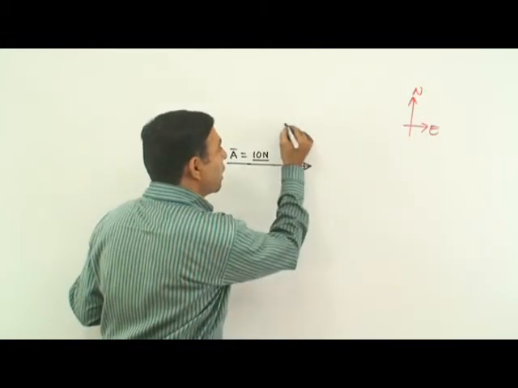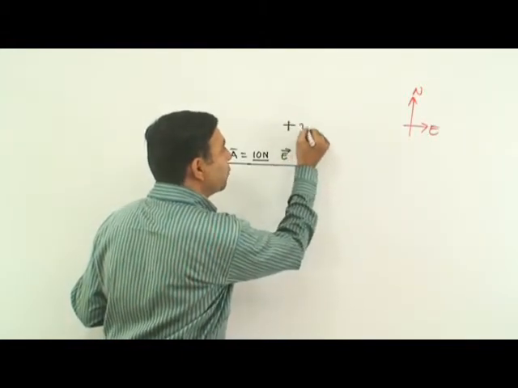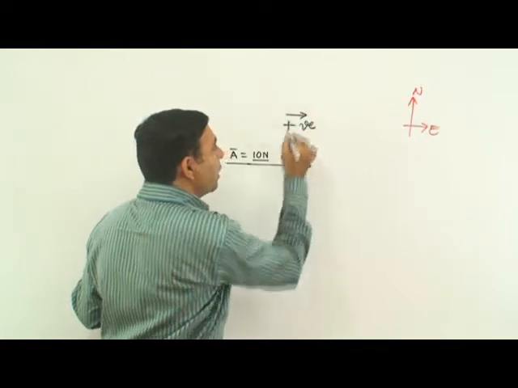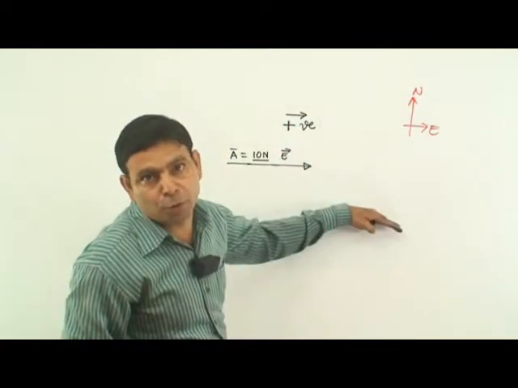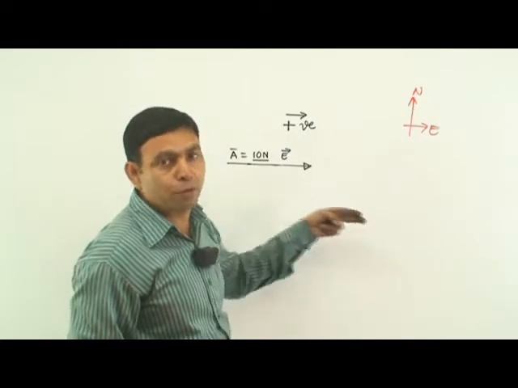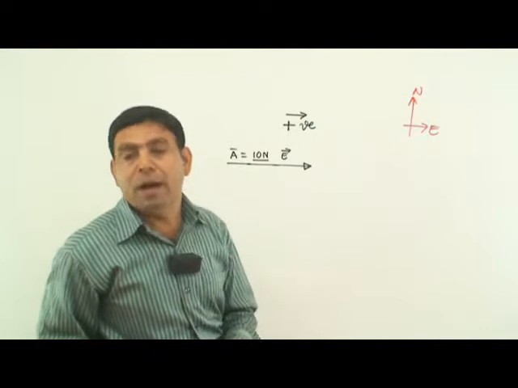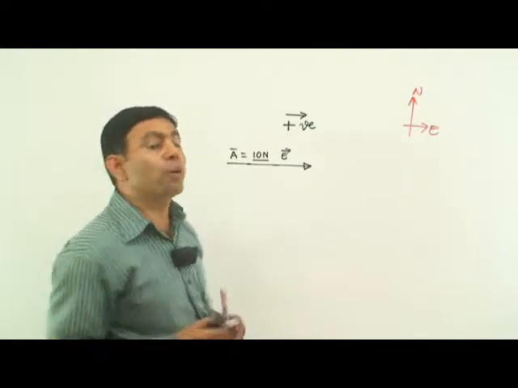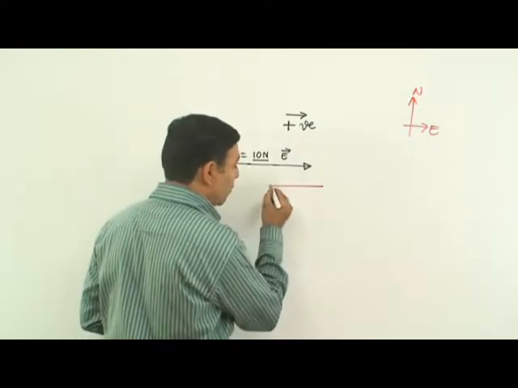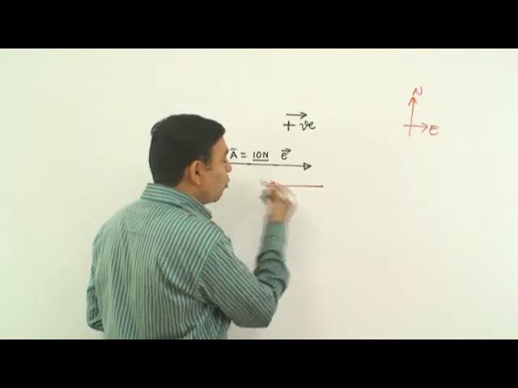If I take eastward direction as positive, any vector in this direction will be positive. Whether it is a velocity vector or force vector or a momentum vector, any vector towards east will become positive, and then any vector towards west will become negative, right? So any vector in opposite direction will become negative.